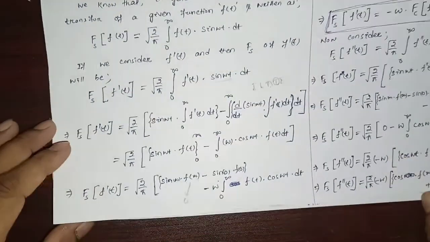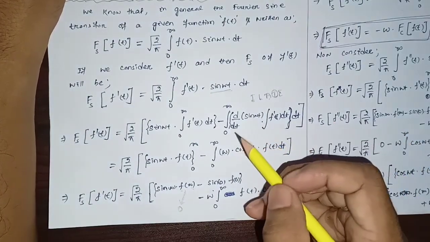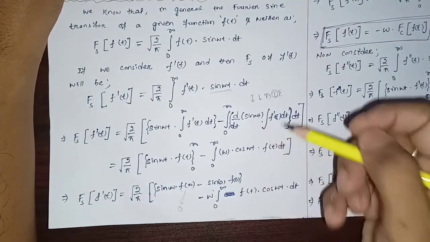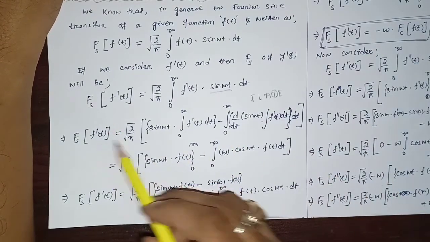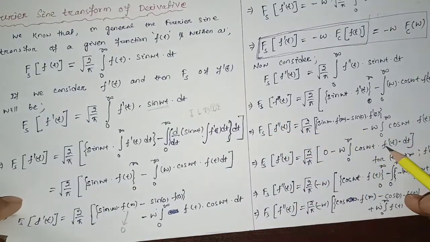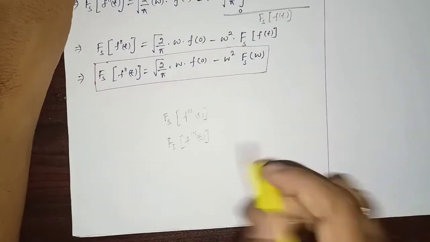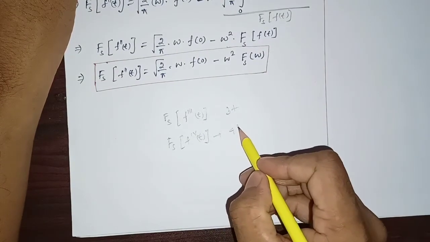The extra thing you have to do is some extra integration by parts. For first order derivative we did one by parts, for second order two times, for third order you have to do 3 times, for fourth order you have to do 4 times.